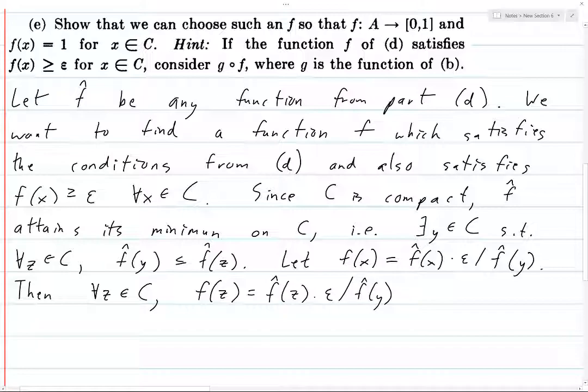We know since z is in C that f hat of y is less than or equal to f hat of z. So since f hat of y is in the denominator here, we reverse the inequality and we get that this is greater than or equal to f hat of z times epsilon over f hat of z.